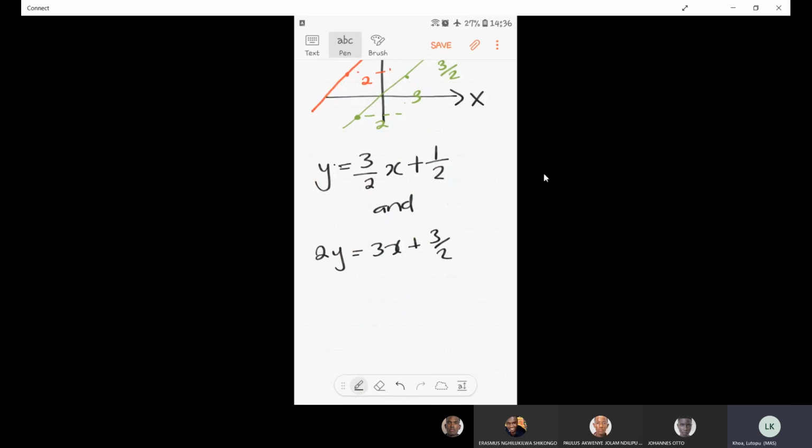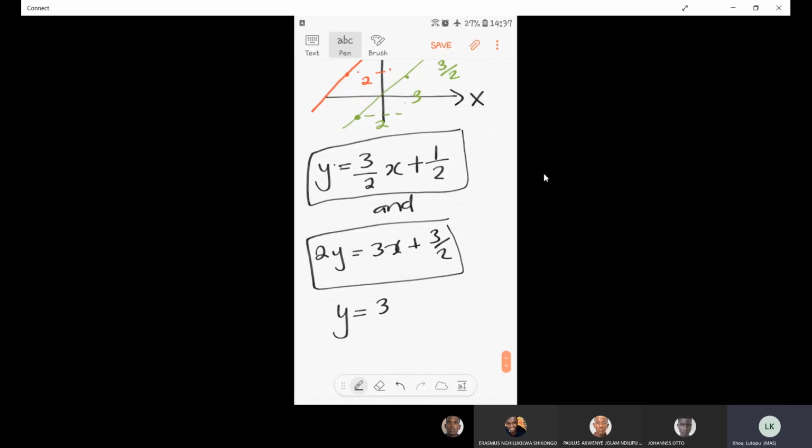What you must first do is write both of them in standard form. This one is already in standard form. It's just this one that you need to rewrite. So to do that, I divide by 2 on both sides. So I'll have y is equal to 3 over 2x plus 3 over 4. The 3 over 2, I divide it by 2, I get 3 over 4.